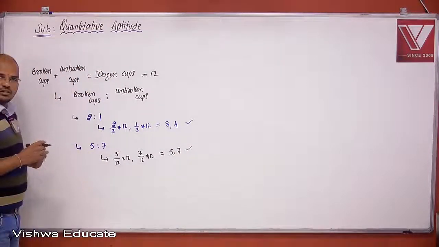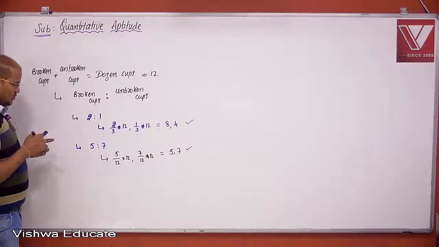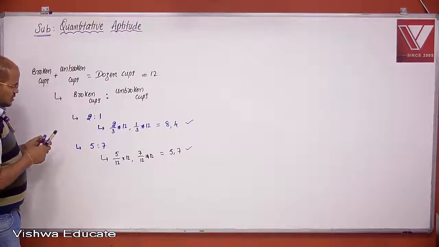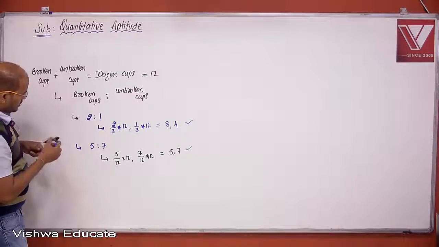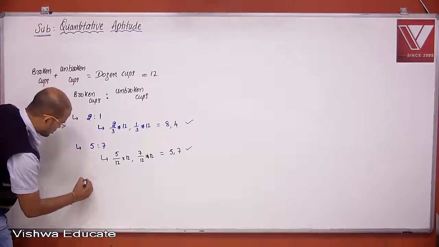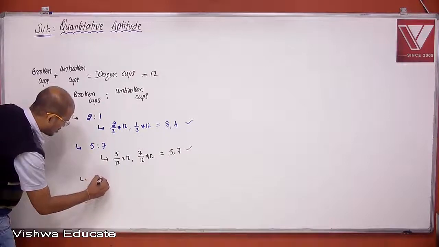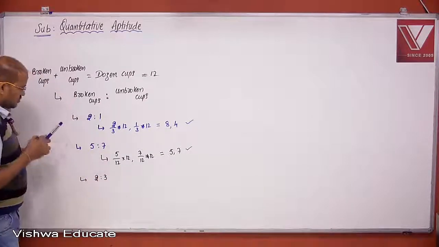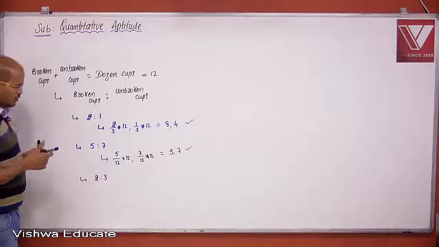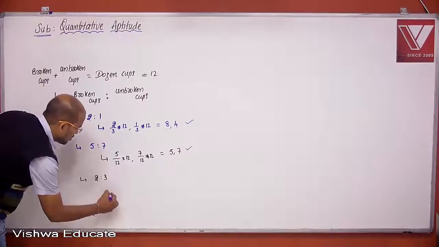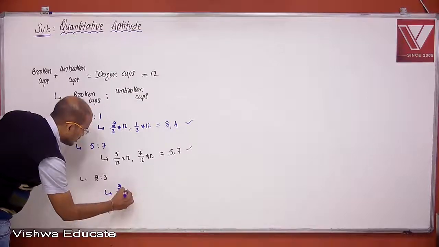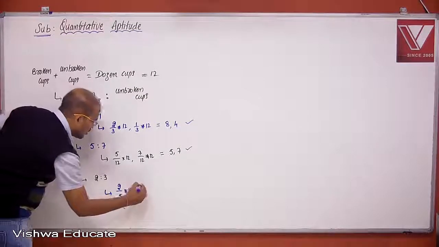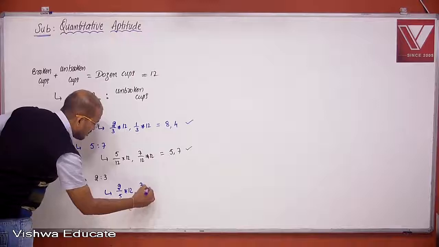Valid, isn't it? Yes or no? Now, the third case, if it is something like 2 is to 3. Now, this would be 2 by 5 times 12, comma 3 by 5 times 12.